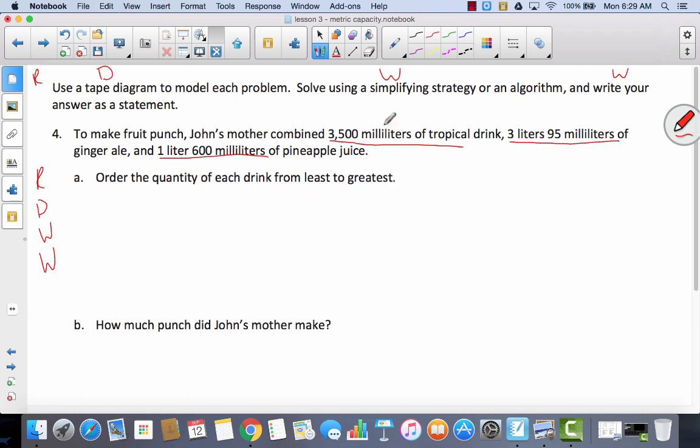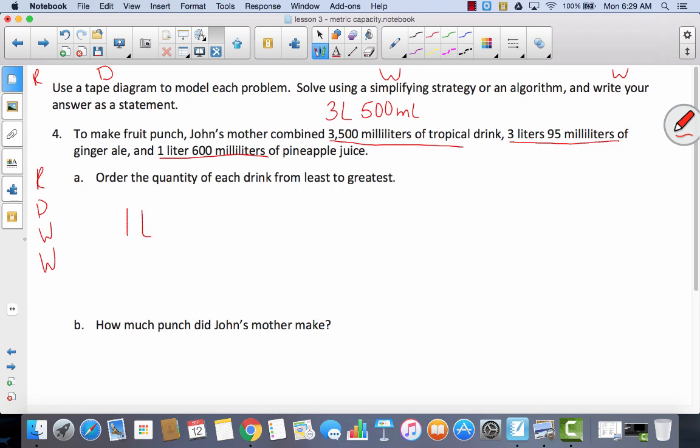So first of all, you can see I have milliliters, and then I have liters and milliliters, liters and milliliters. I think I'm going to go ahead and change this to liters and milliliters just to help me. So 3,500 milliliters is the same thing as 3 liters, 500 milliliters. So my largest place value here is going to be liters. I have 3 liters and 3 liters, and here I have 1 liter. So which would be the smallest?